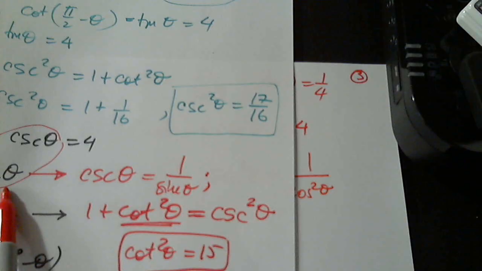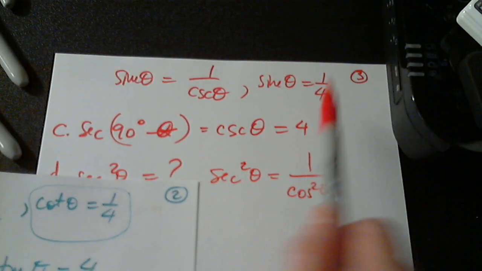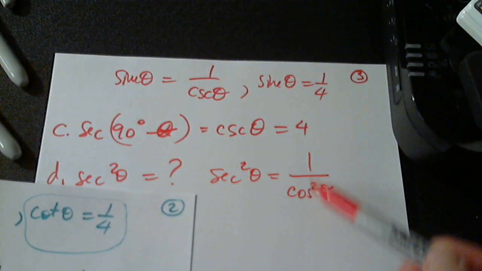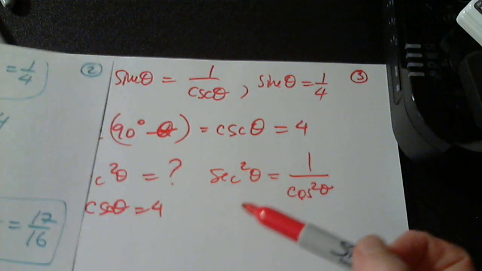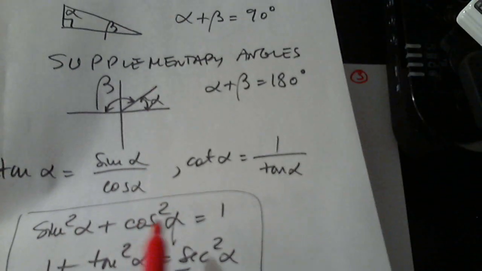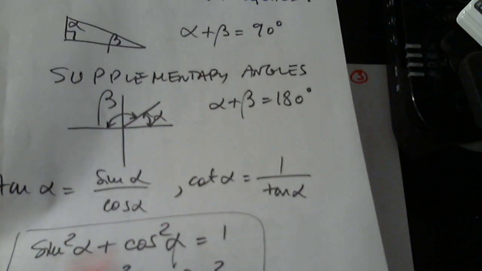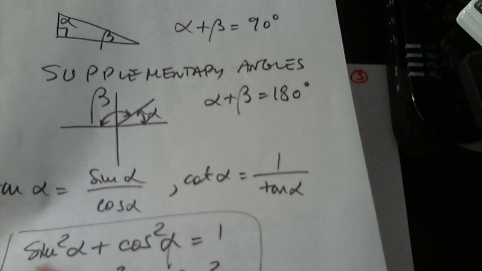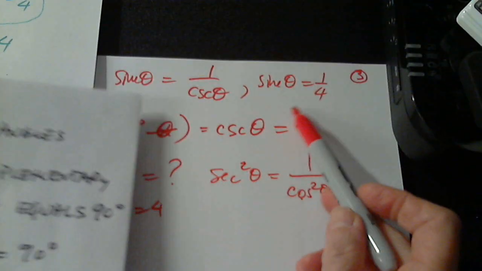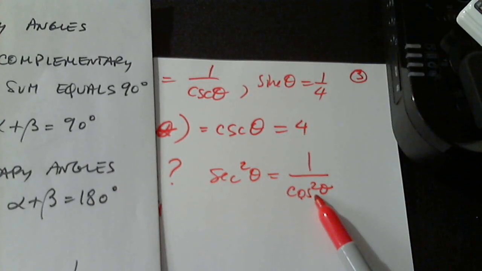No, but I have sine, which is 1/4. And I know a relationship between sine and cosine. A very important one is right here: sine squared plus cosine squared equals 1. If I have this, I can determine this. If I have this, I can determine this. One has to be given to me, because otherwise I can't with 2 variables. But I have sine. Then I can determine cosine and plug it in here.